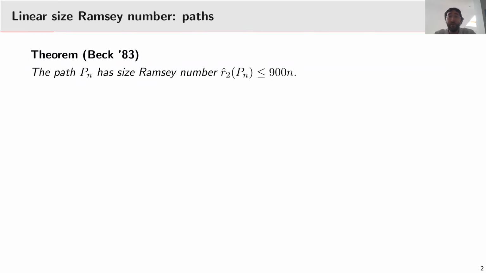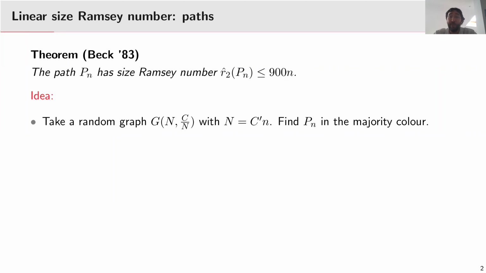Okay, so nearly 40 years ago, Beck proved that if we take the n vertex path, its size-Ramsey number is not quadratic in n, as the previous bound would suggest, but actually linear in n. Okay, so Beck gave a bound, and this we can notice for 2 colors. Beck's proof is a very pretty proof.